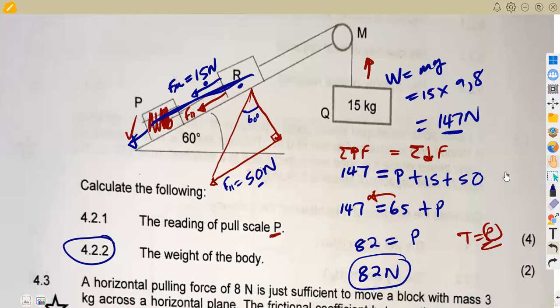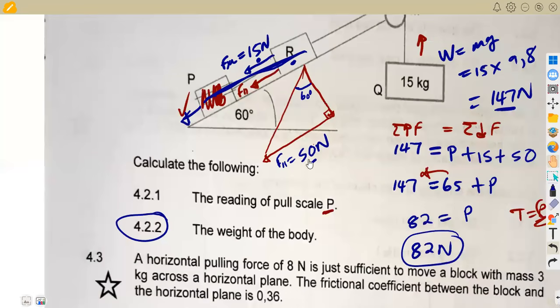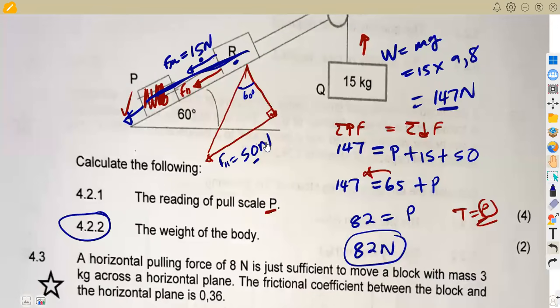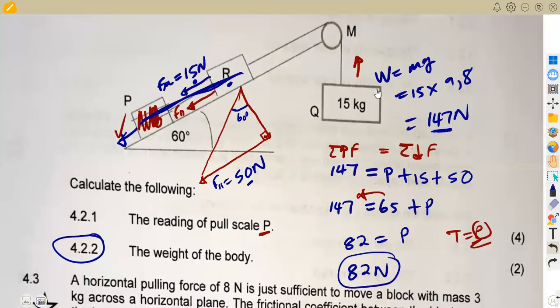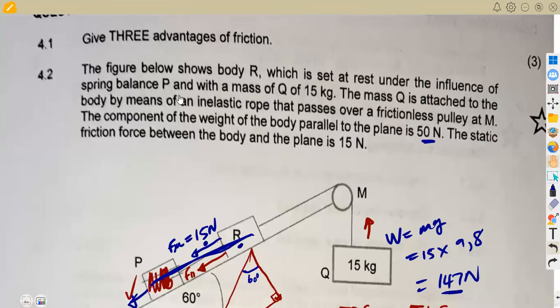So the weight of the body now we can consider, all right, since we have got the parallel component here, we do not have the horizontal, we have got the parallel component. In the parallel component, we have got a W there representing what? The weight. Not here, guys, not here. This is the object guys, let us take our information. All right.